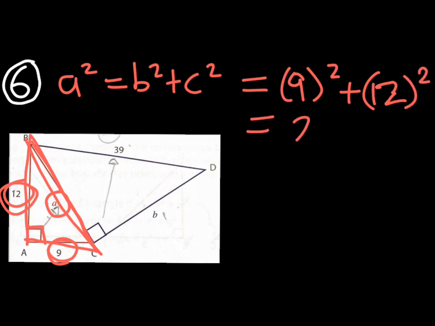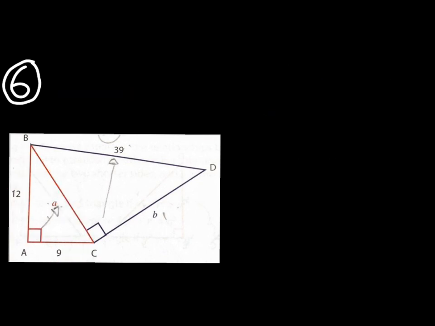And this gives us 225. And that means that a equals 15. Since we know that A is equal to 15, we can write that in to make it easier for our future calculations.